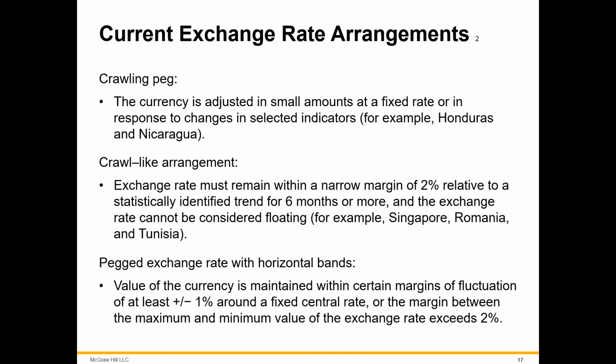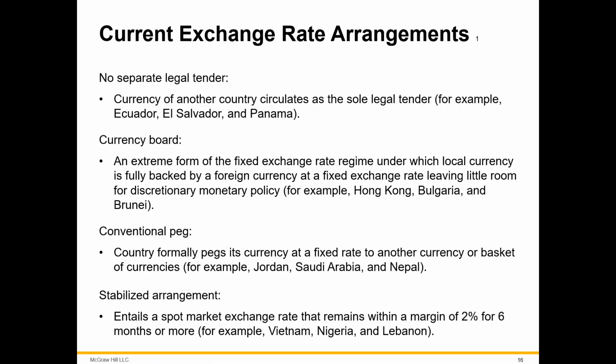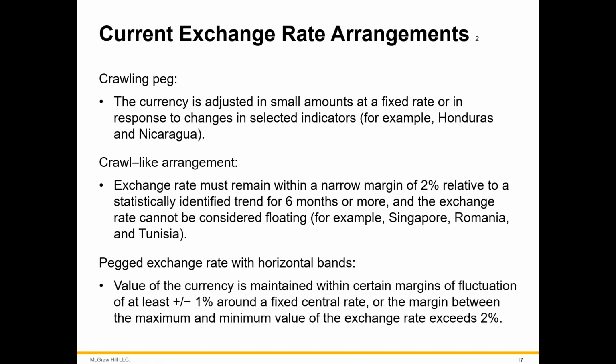The next is a crawl-like arrangement. So this is a crawling peg, but there's the trading. So it's sort of the flexibility of a stabilized arrangement layered onto a crawling peg instead of a stable peg. So you can say, oh well, right, in the previous example, this country will depreciate relative to the euro 8% per year, plus or minus 2% over some period, right?